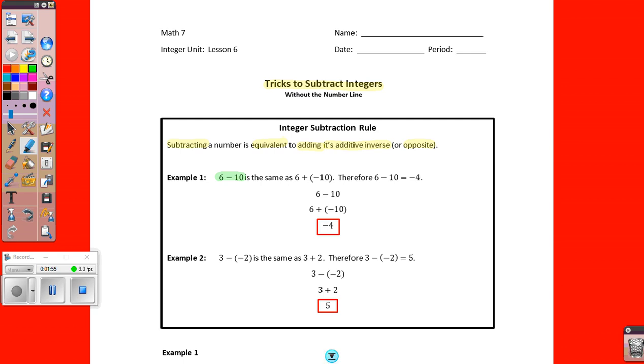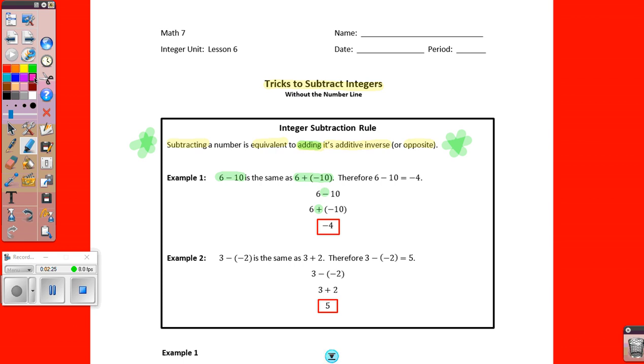So I know that this is going to be a negative answer, 6 minus 10, right? We start with 6 and we take away 10. Another way of looking at this is we know that 6 minus 10 is the same as 6 plus negative 10. So again, it goes back to the phrasing in our characteristics of subtraction. What they said was, subtracting is the same as adding. So instead of subtracting here, they changed that to an addition sign, and I highlighted that in green.